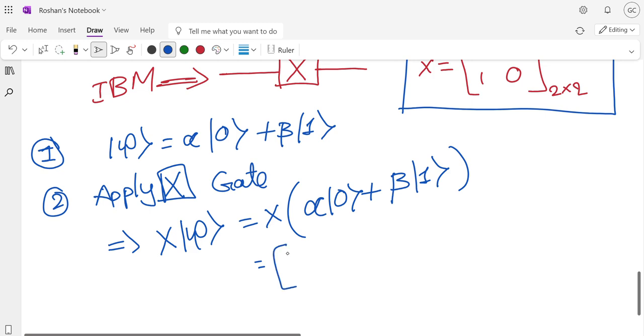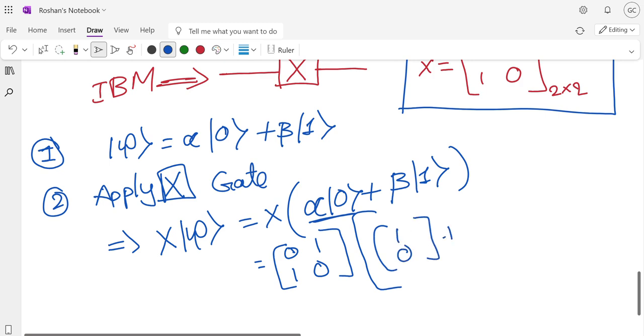So it will be [0, 1; 1, 0] multiplied by the state, which is in superposition. How will you represent this in matrix representation? It will be alpha times [1, 0], and the |1> state is [0, 1].